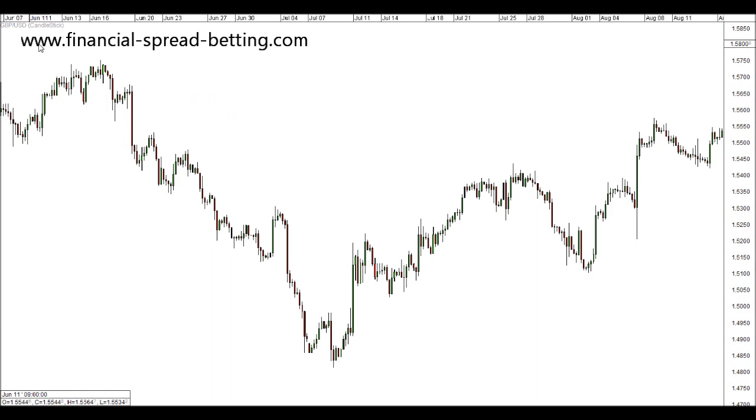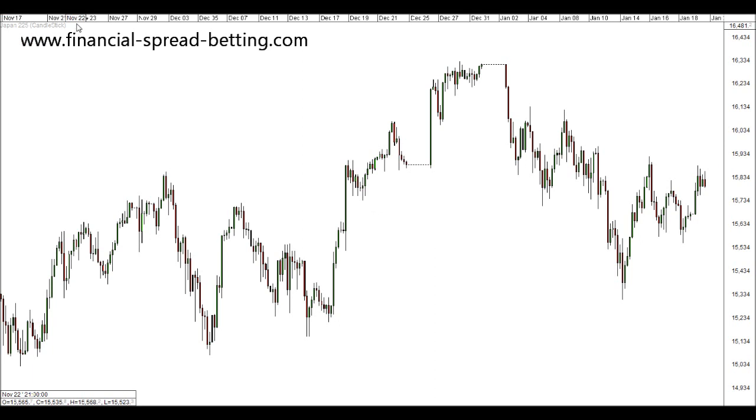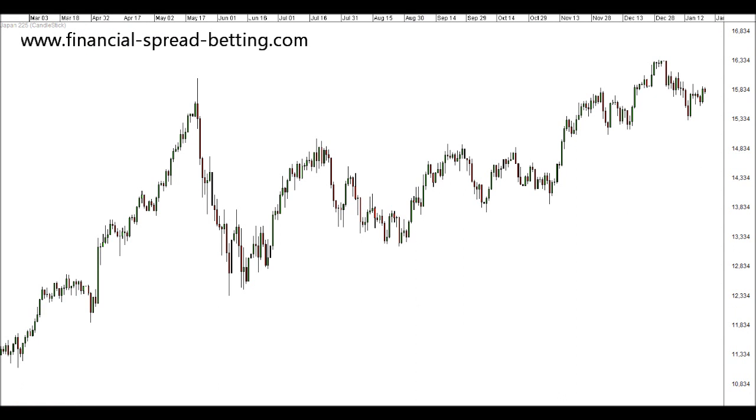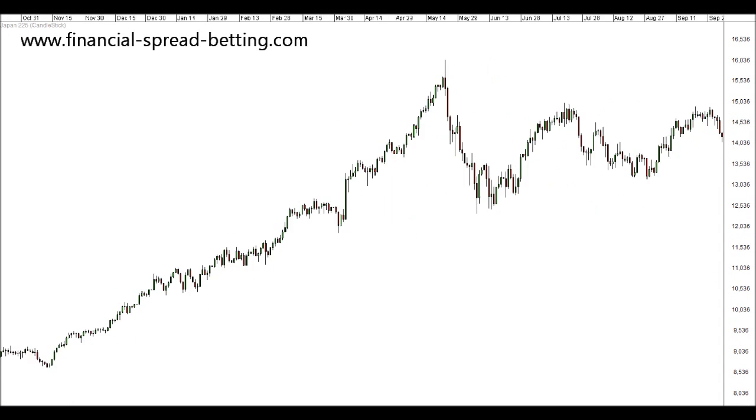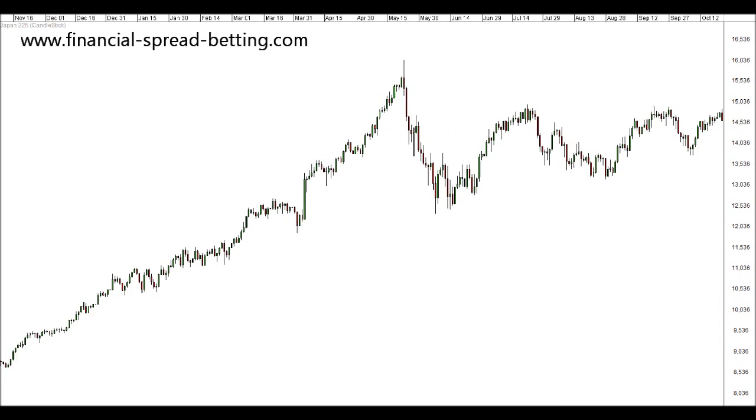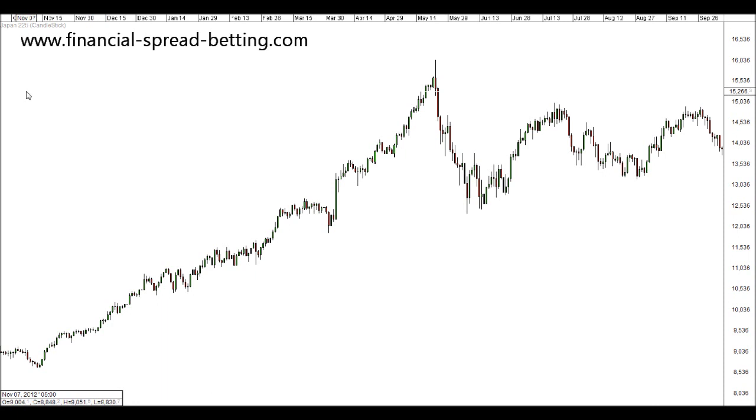If I bring up a chart of the Nikkei, the Japanese index, and this is a daily chart, price is clearly moving on the upside. 1, 2, 3, 4, 5.